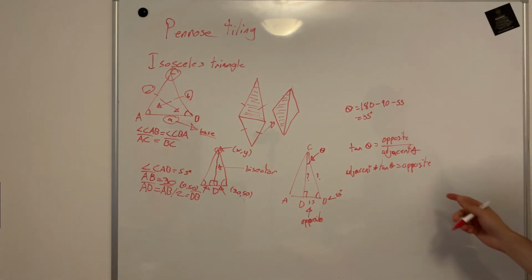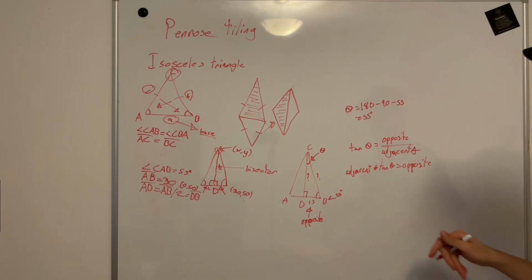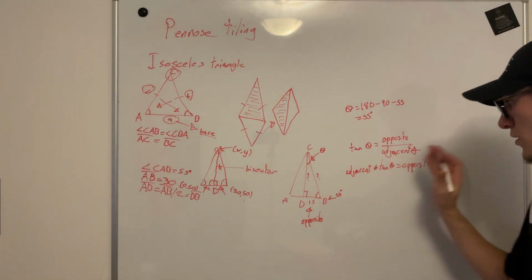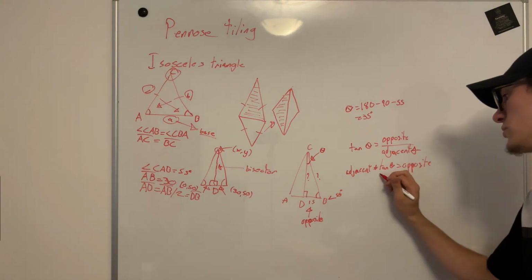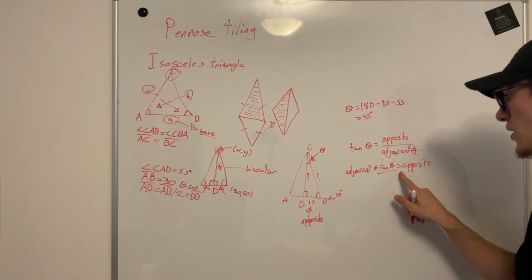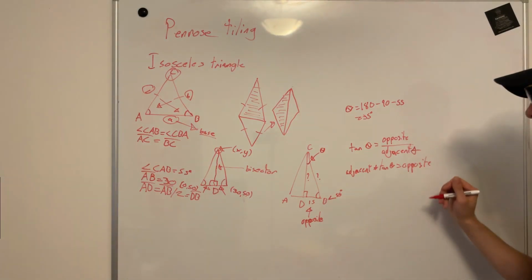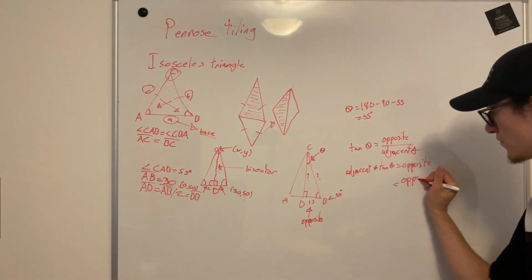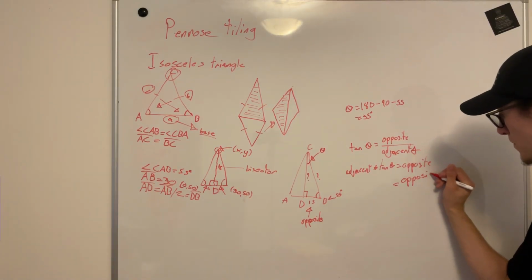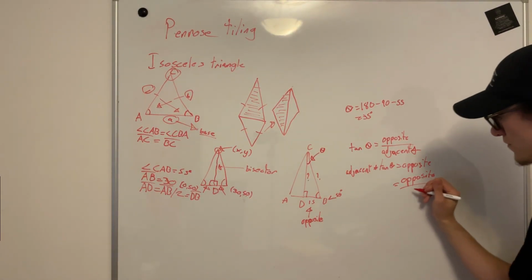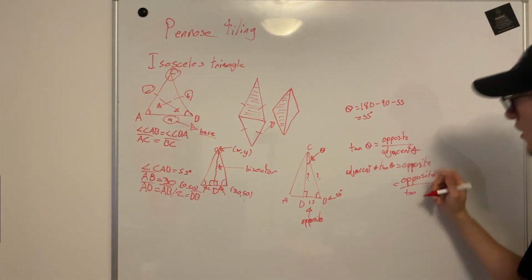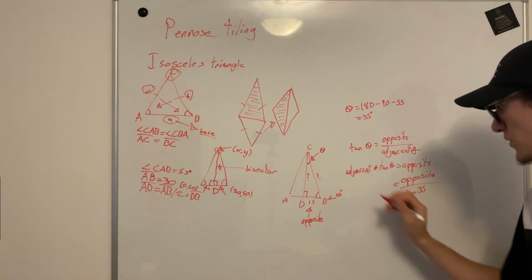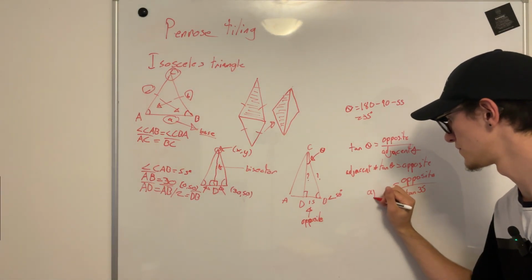All right, great, but not exactly. We want the adjacent alone on its side. So we divide by tangent of the angle on both sides, which results in the opposite over the tangent of 35 in our case, which will give us the adjacent.